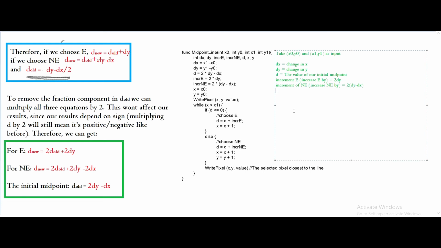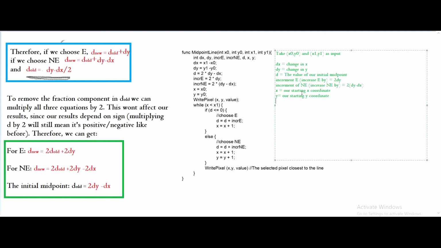So what they've basically done is x is equal to x0, which is our starting x coordinate, and y is equal to y0, our starting y coordinate. Okay then, and then we can see a function called write pixel x y value.